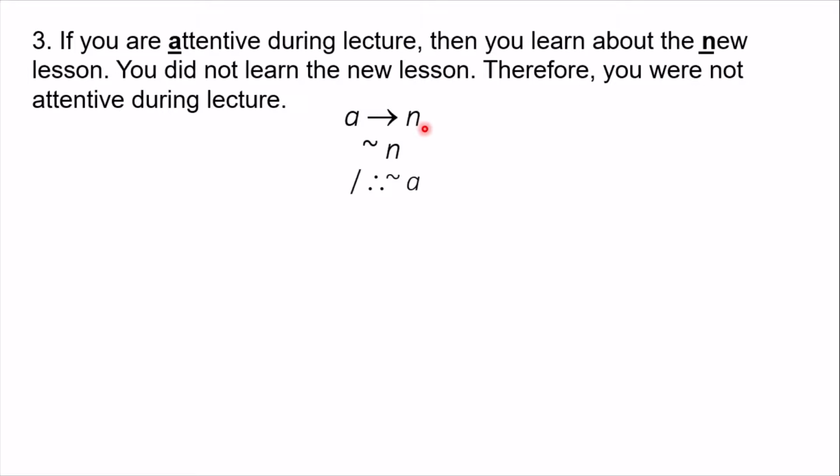And what is our rule here? Remember, if N is no longer possible here, again, this is a conditional statement, right? If N is no longer possible, of course, A is also no longer possible. So the conclusion would be not A. And what rule is that? That's the modus tollens.